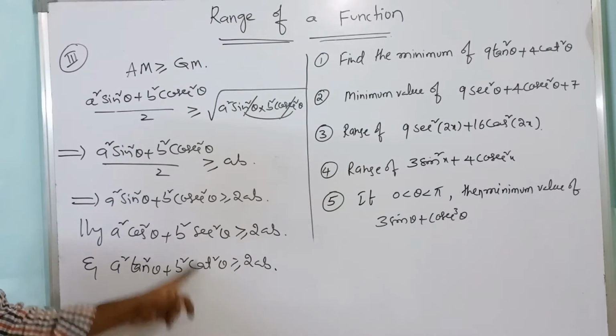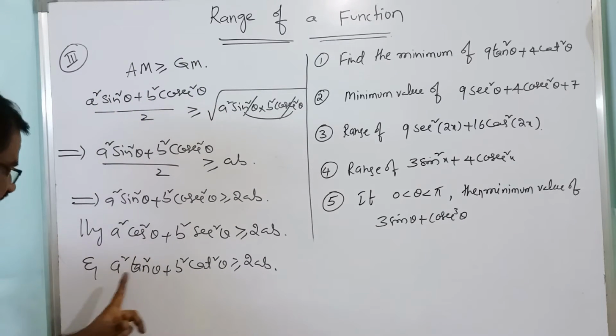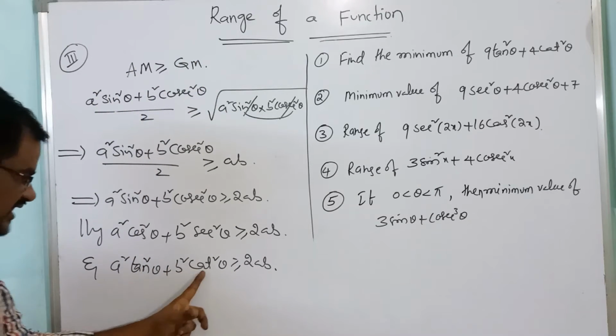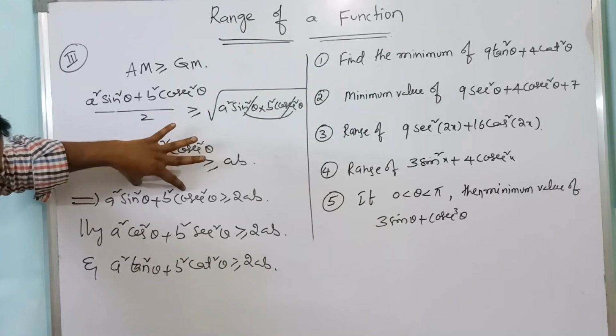For these two terms also, if you apply arithmetic mean greater than or equal to geometric mean, you will get a square tan square theta plus b square cot square theta greater than or equal to 2ab, because these two are reciprocal to each other.